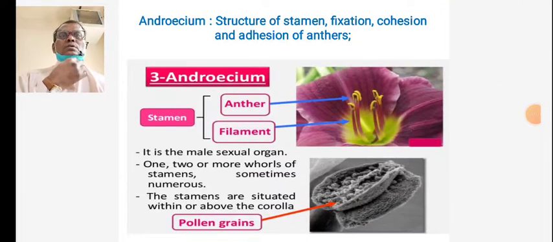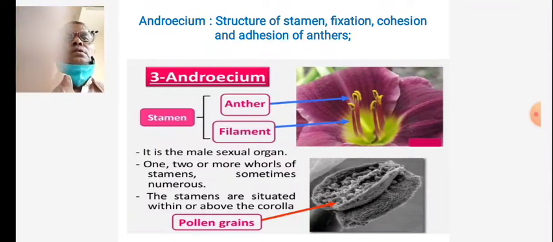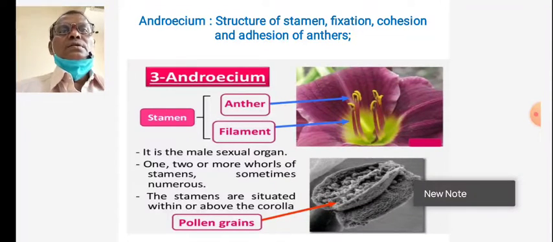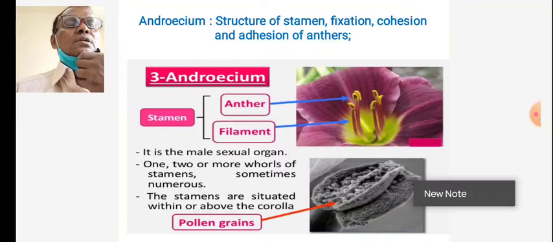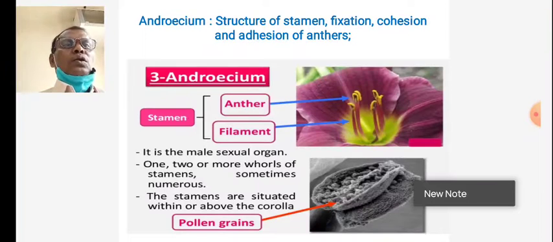Now, in online lectures, we have started our flower topic. I think we have finished the general introduction of the flower, then the calyx and corolla.